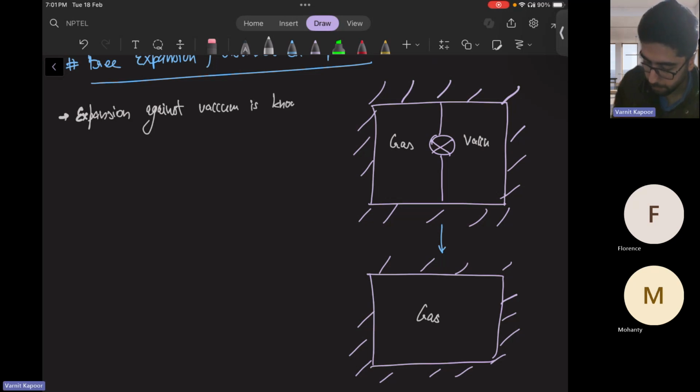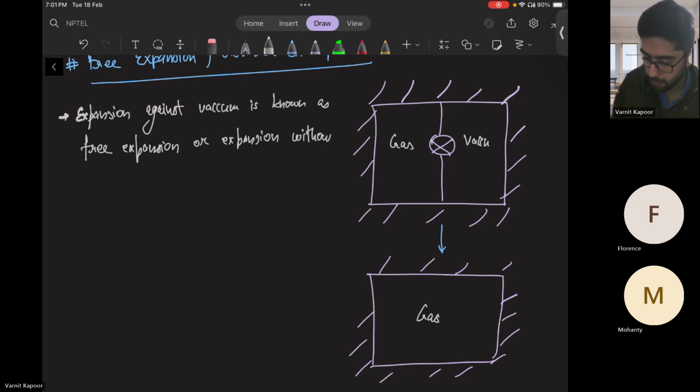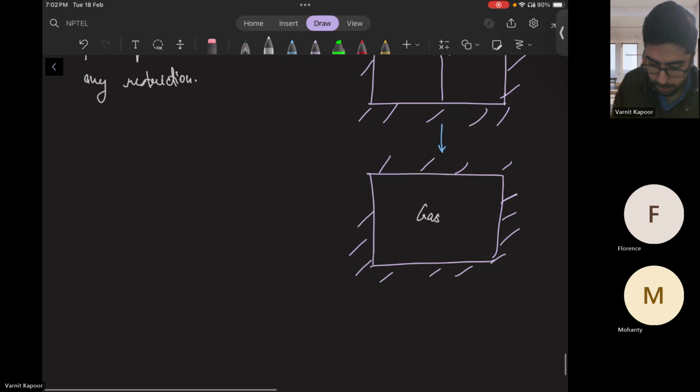An expansion against vacuum is known as free expansion, or expansion without any restriction. It is an irreversible process.